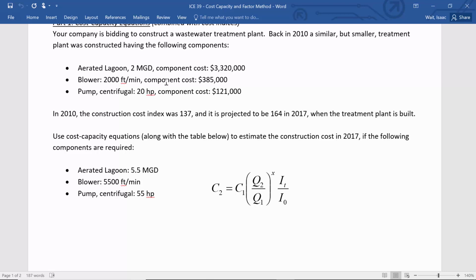The cost index in 2010 was 137. And so you're going to take this cost of what something was when it was a different size and a different year, and we're going to make two corrections for each of these components. We're going to make two corrections for the lagoon, two for the blower, two for the pump, correct? And when I say two corrections, I mean the time correction and the size correction. And then we're going to figure out what is the cost of each component in 2017.